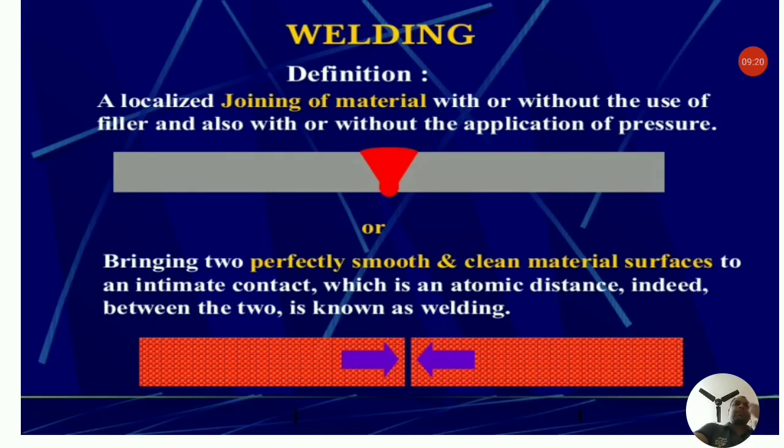Now, because of the permanent nature of the joint and the strength being equal to, or sometimes greater than, that of the parent material, welding is one of the most extensively used fabrication methods. As I earlier told you, it is the most widely used and most popular method in industry for joining. So welding is not only used for making structures but also for repair work such as the joining of broken castings. Now products obtained by the process of welding are called weldments.